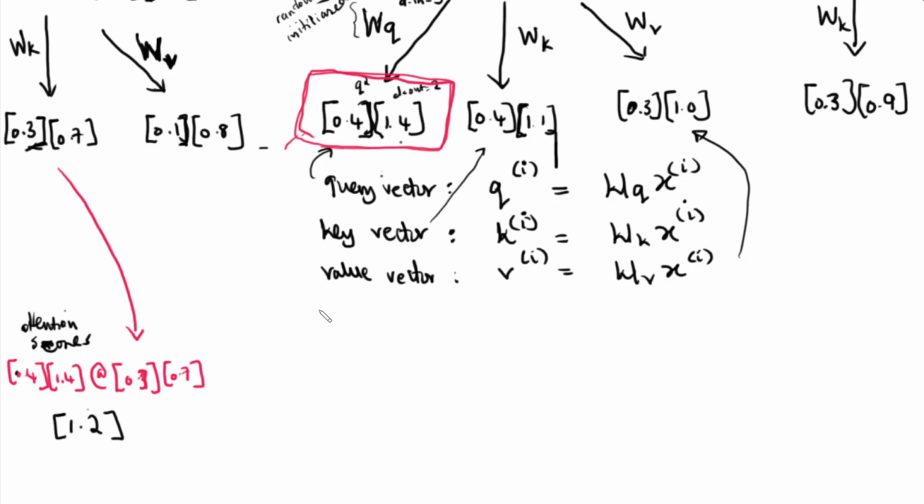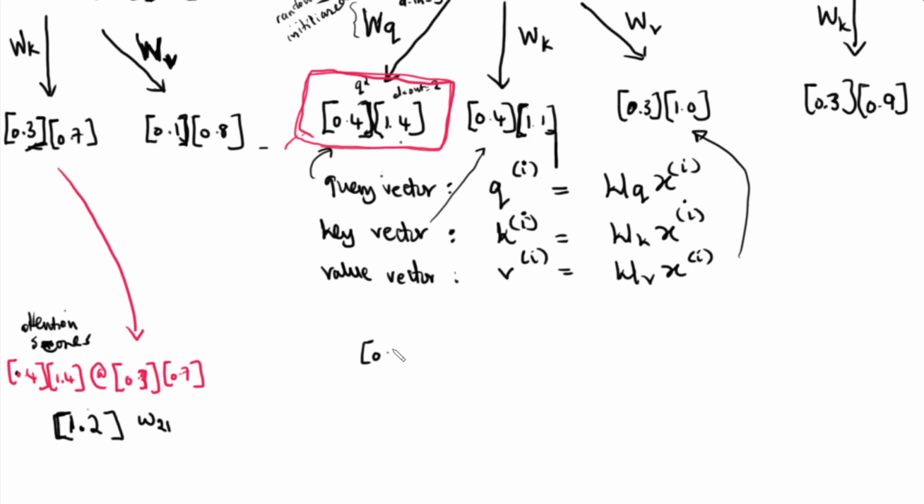And this is now what we had previously. It is our W21. So it is the second input with respect to the first one. To calculate W22, we take that query vector, and then we multiply the key vector for input number 2.